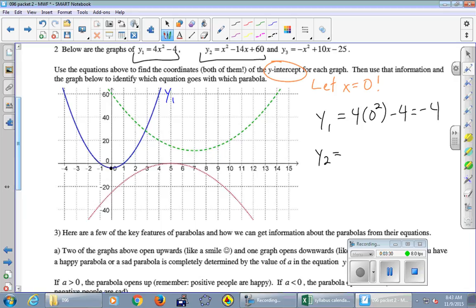Again, changing the x to 0 because that's always how you find the y-intercepts. So we get 0 squared minus 14 times 0 plus 60, which is 60. What color has a y-intercept of 60? Green. So green must be y2. There it goes through the 60 right up there.